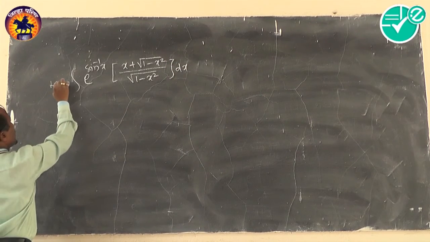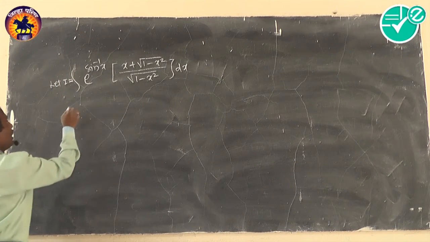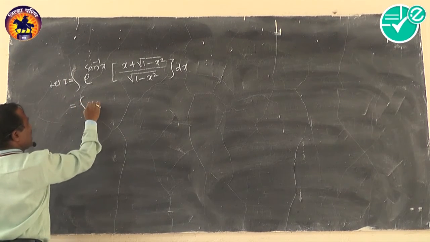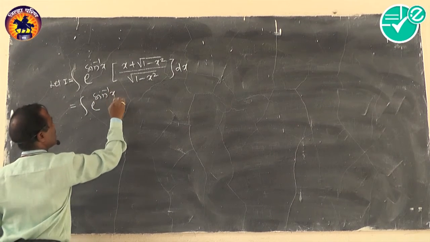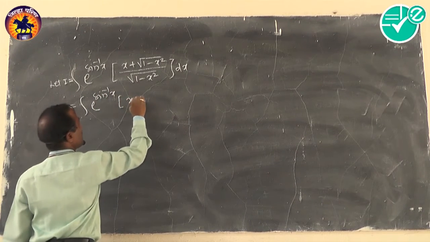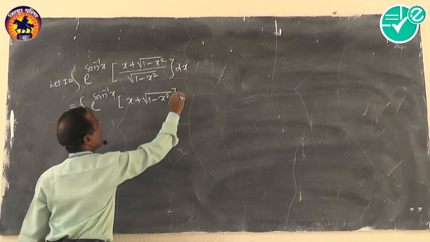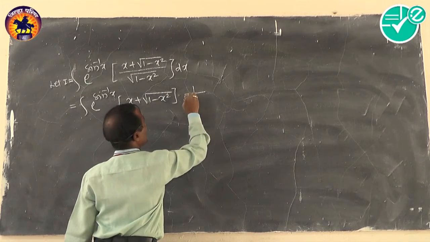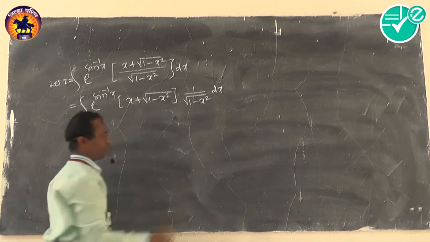Let I is equal to this function. Now this can be written as integral of e raised to sine inverse of x into (x plus under root 1 minus x square) into 1 upon root 1 minus x square into dx.